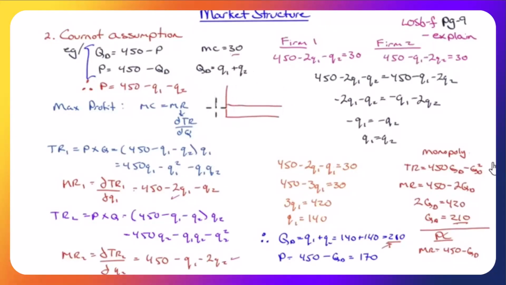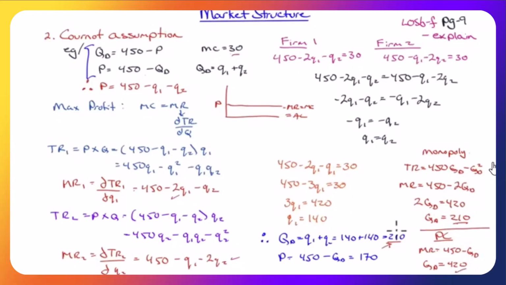Our demand curve, our price, is equal to our marginal revenue, is equal to our marginal cost, is equal to our average cost. So 450 minus QD is our marginal revenue, because that's what the price is. If marginal revenue has to equal marginal cost at 30, 30 must equal 450 minus QD. It doesn't take much to see that QD must be 420. So the perfect competition output is 420.